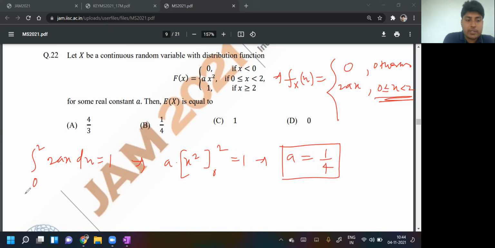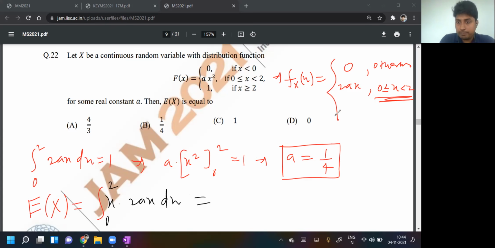And what we need? E[X]. So E[X] will be, according to the definition of expectation, x times PDF. So PDF is 2Ax dx and the limit will be 0 to 2, the support of this PDF. So 2A we can keep outside, integration of x square dx from 0 to 2.